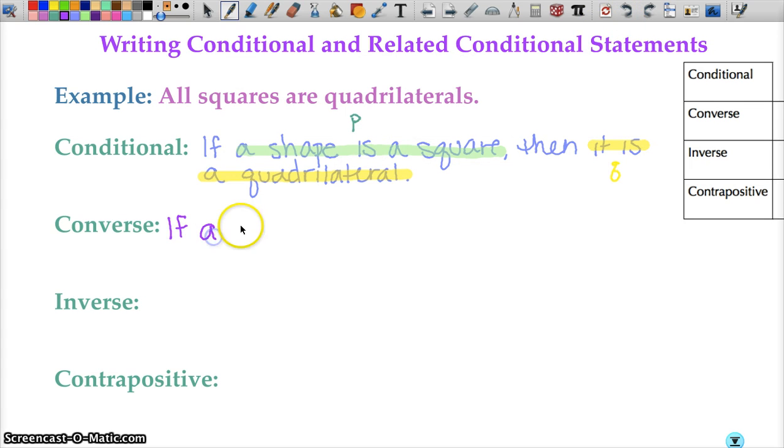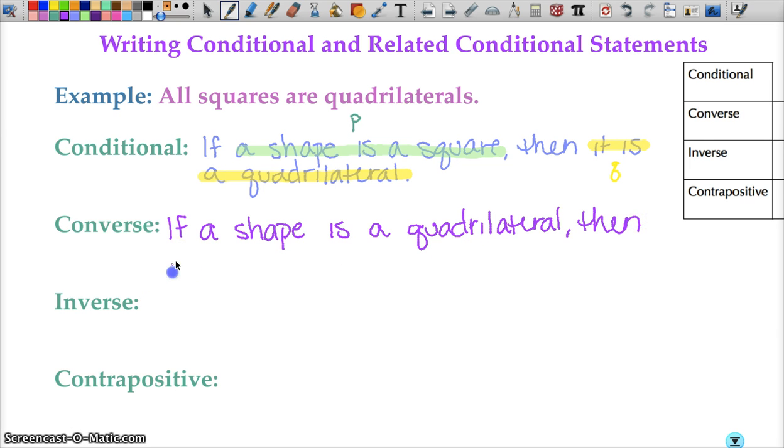Okay, if a shape is a quadrilateral, then it is a square. And you'll notice that the whole idea of it being a quadrilateral is right here. So Q now comes first, and then for our second part, it being a square, P comes second.